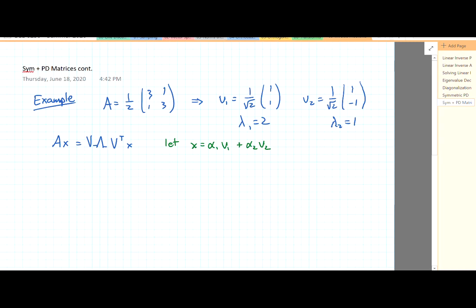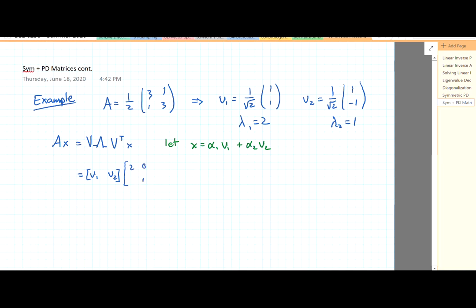Since the eigenvectors are orthonormal, that spans any possible x we would care to see. And now we can write this and just work out the math explicitly.